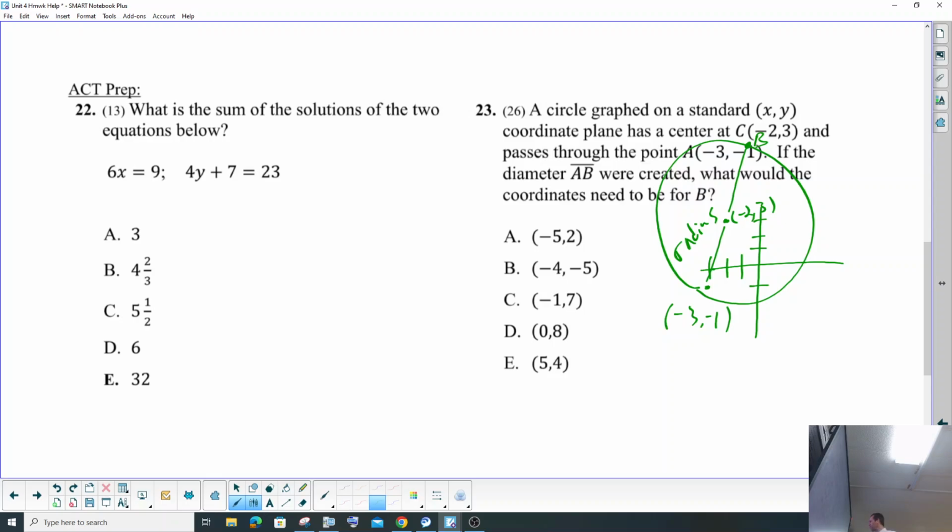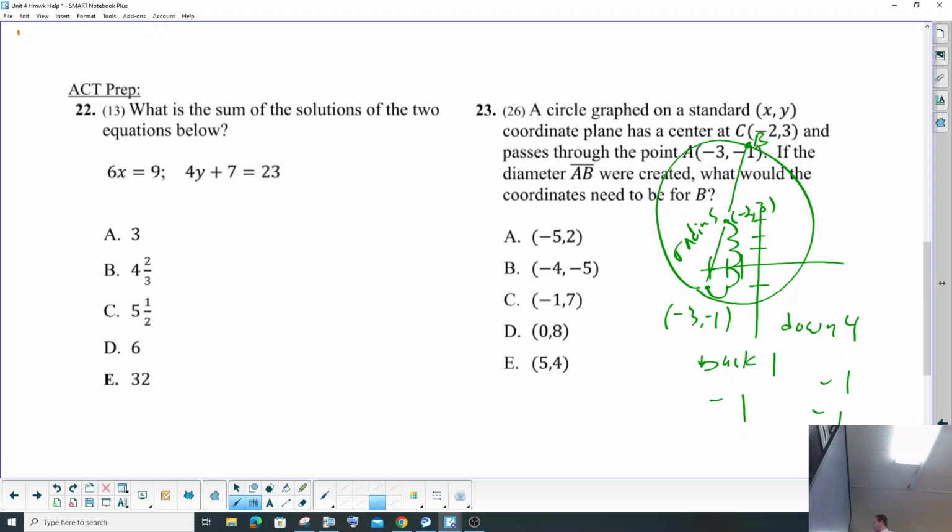So we would go down 1, 2, 3, 4. So we go down 4, and then back 1. So negative 1.